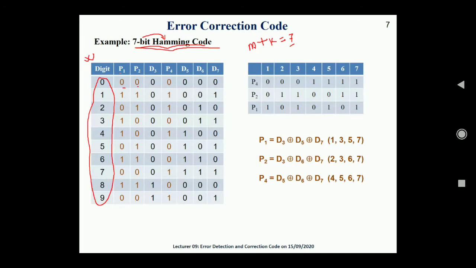See here, P1, P2, and P4 are all parity bits. And D3, D5, D6, and D7 are all the message bits. So in this particular sequence, why am I using only 3 parity bits, P1, P2, and P4?